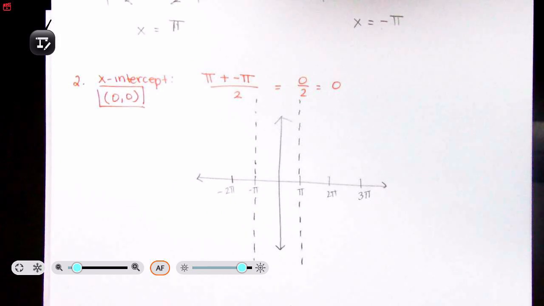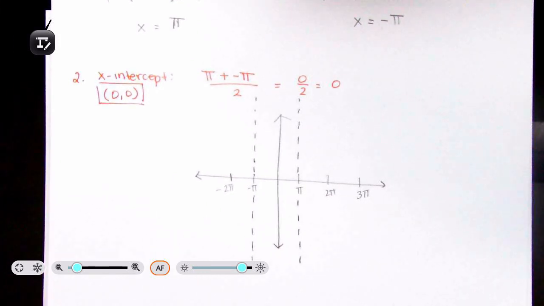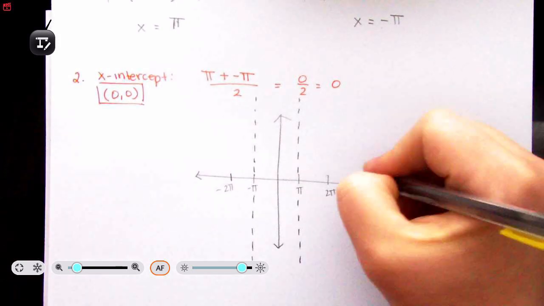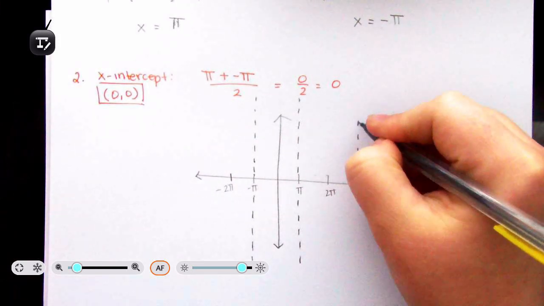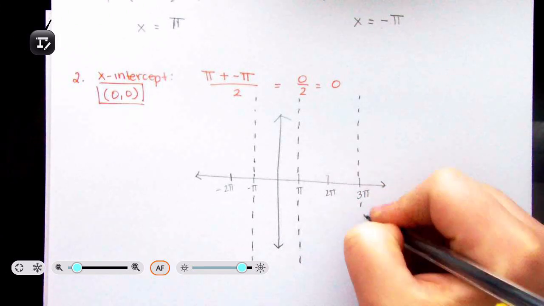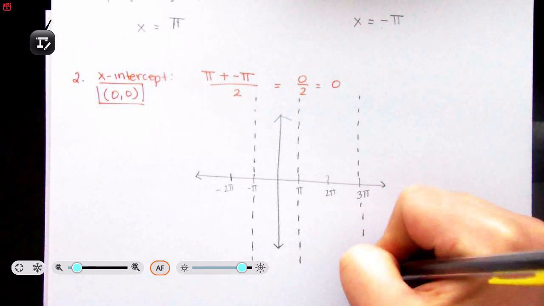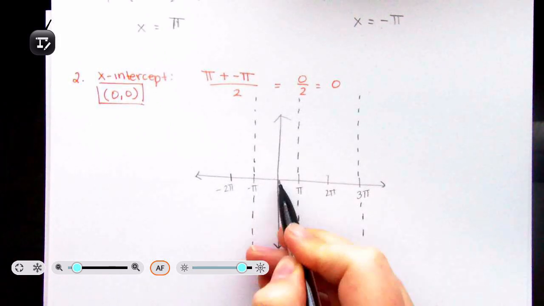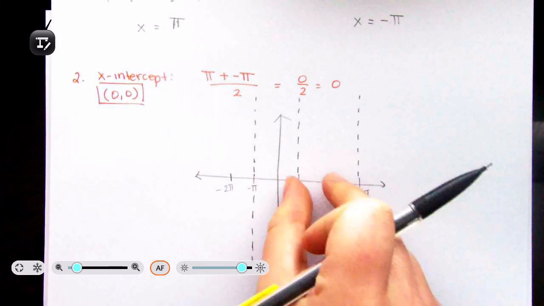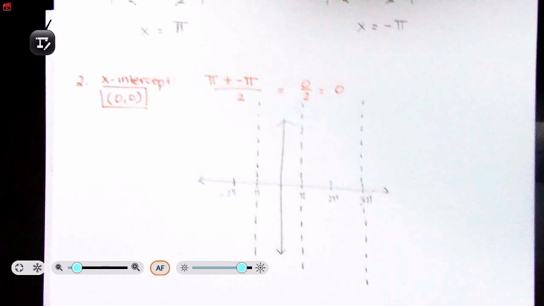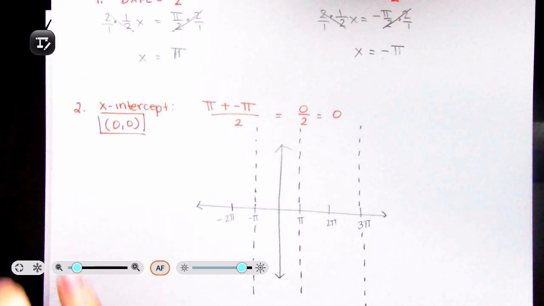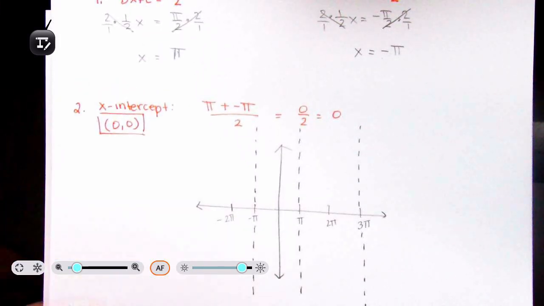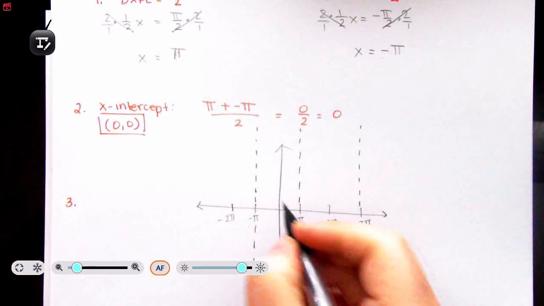And then make sure that, because our window is a little bit more open, we continue with our asymptote pattern. So here's a pi, here's another pi, here's a pi, here's another pi, continue the pattern.